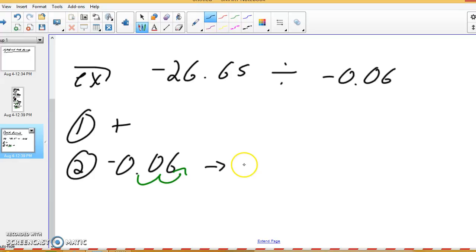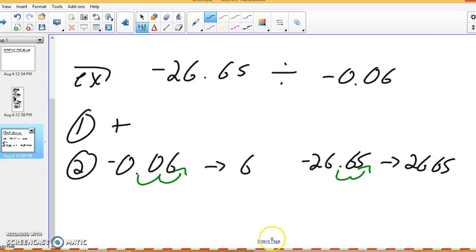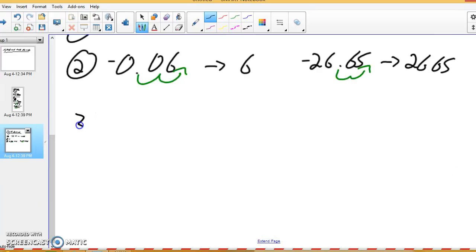So we're going to turn 0.06 into 6. Then you have to do the same thing with your dividend. So if we move the decimal place 2 spots, we have to move it 2 spots over here. So 26.65 turns into 2,665. From here, we just do our regular division algorithm.